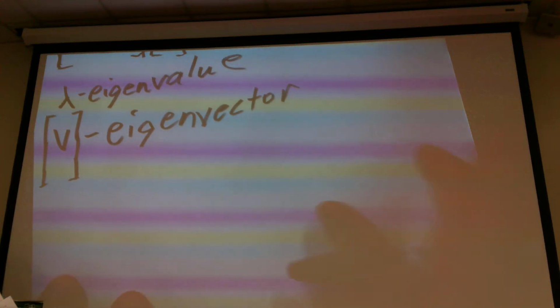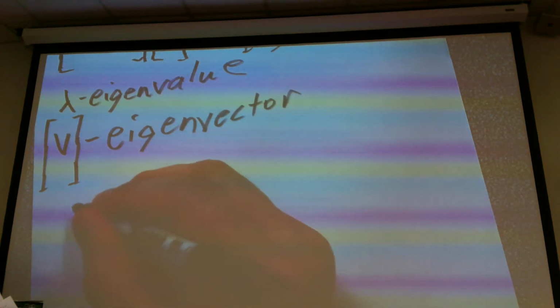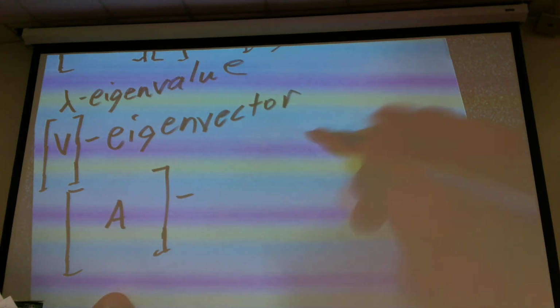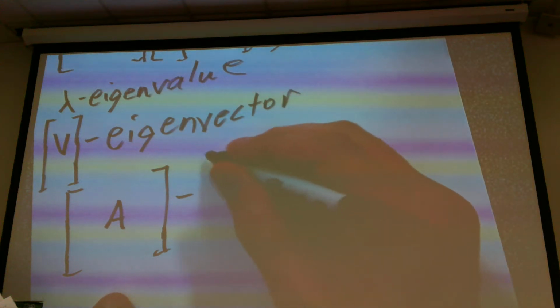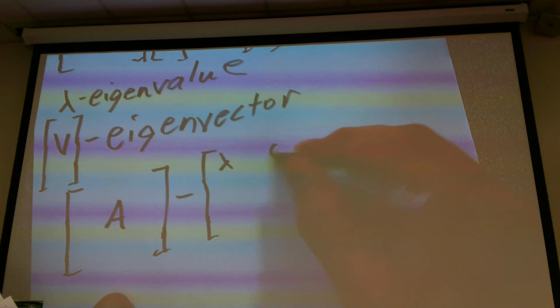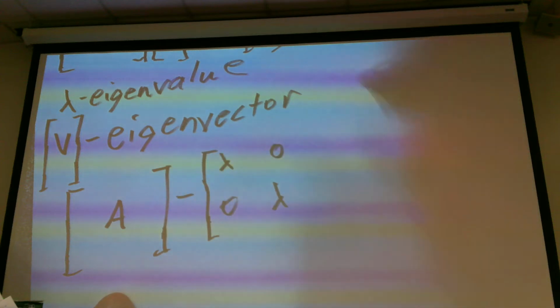Okay, well, another way that I could write this would be that A multiplied by lambda 0, 0, lambda. Actually, let's start that over again. So I'm taking this problem right here.